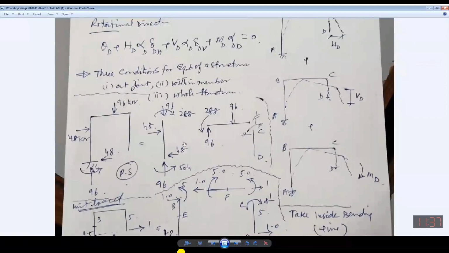So 48 into x minus, why minus? It is producing hog inside. This moment is trying to bring this limb inward. So there will be hogging inside, so it will be taken to be negative. So 48x minus 504. Is it okay? 48x minus 504. Why brother?